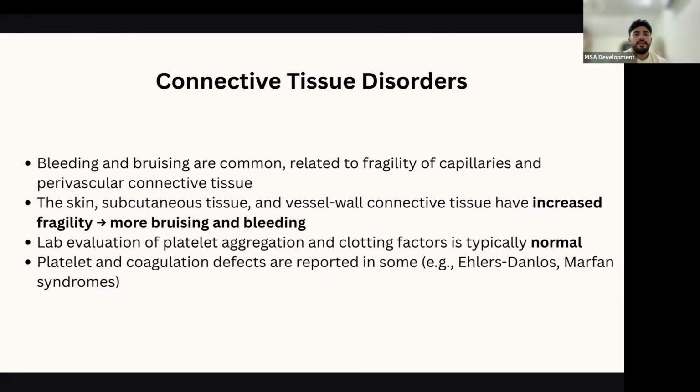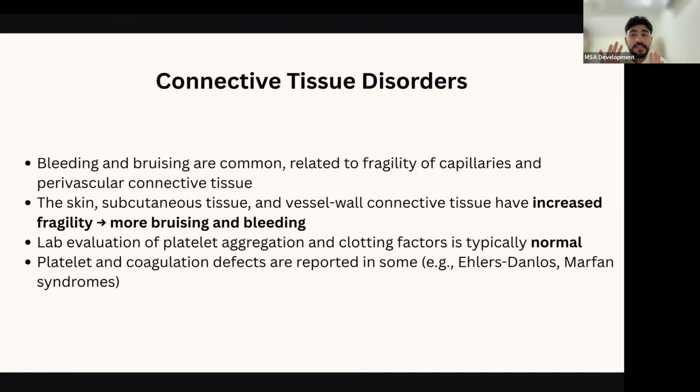Okay. Next up, connective tissue disorders. From the term connective tissue disorders, you need to keep in mind that they're going to have bleeding and bruises, right? And why is this so? This is because of the increased fragility of their capillaries and their connective tissue, which would make them more prone to incidents like bruising and bleeding.